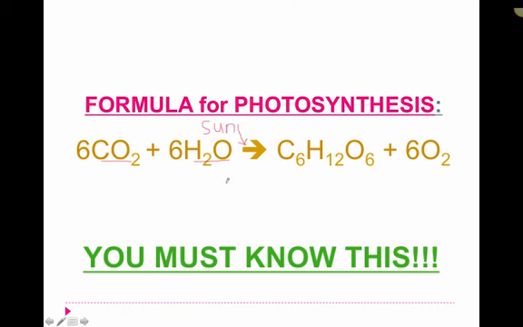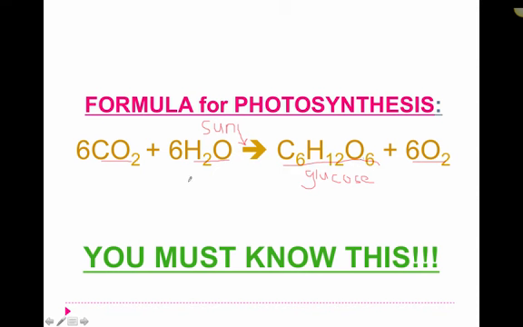The sun goes into this reaction as well, and out comes C6H12O6, or glucose. Sorry about my writing, I'm not so good at writing on the computer. Glucose and oxygen.